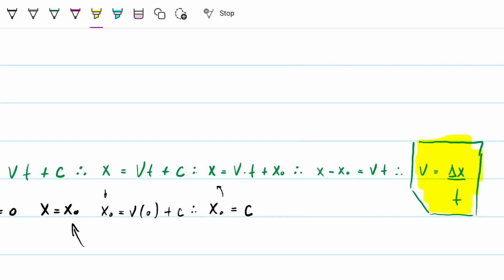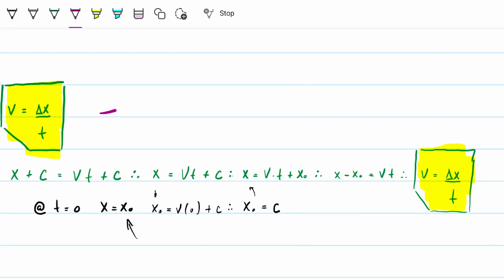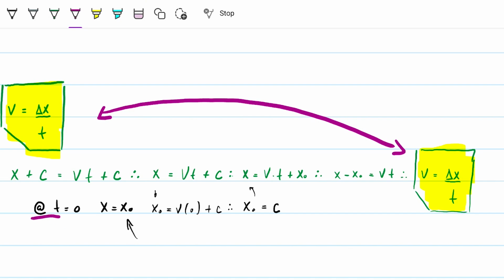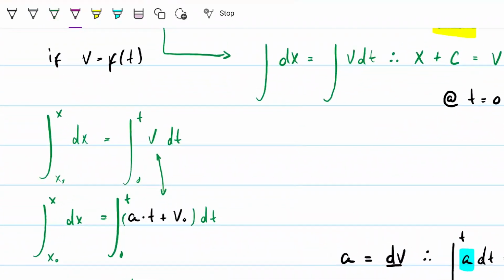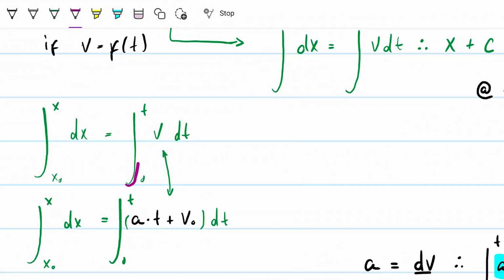The interesting thing about this, as I pointed out during the derivation, is that when you're doing the defined integral, you're actually doing exactly this kind of thing, just in a subtle way. When you have the definition of the integral from 0 to t, and the integral from x naught to x, basically we're saying that when time is 0, x is x naught.